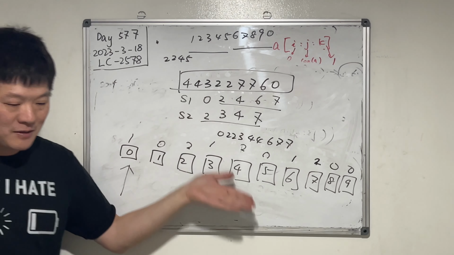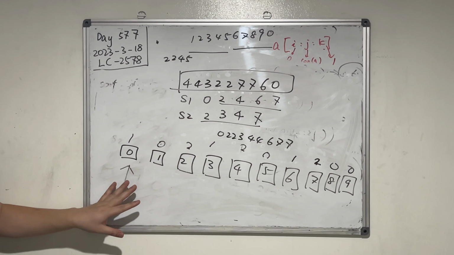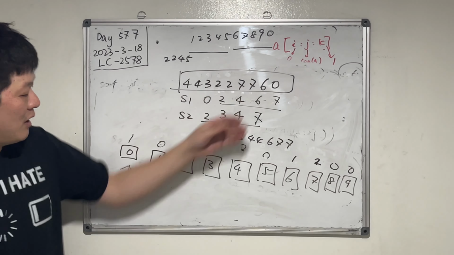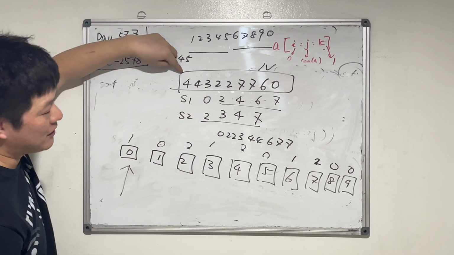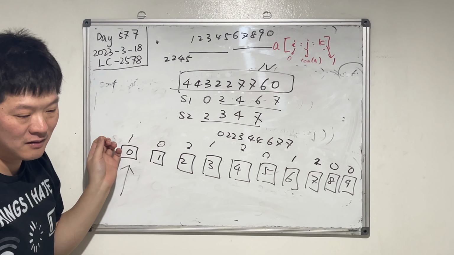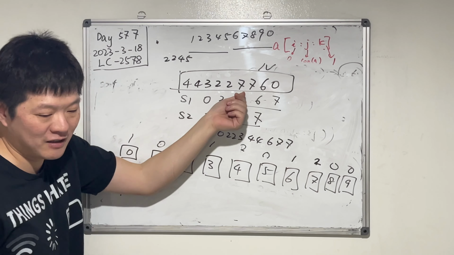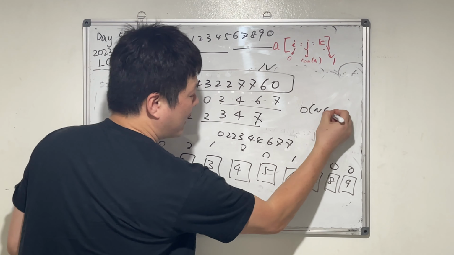This is basically the same thing, but obviously this is faster than sorting. Why is it faster? Because we only have 10 buckets. If there are n digits here, we just go through this n times, and then we have all the digits in place. Right? But for regular sorting, quick sort, the time complexity is O(n log n), right?